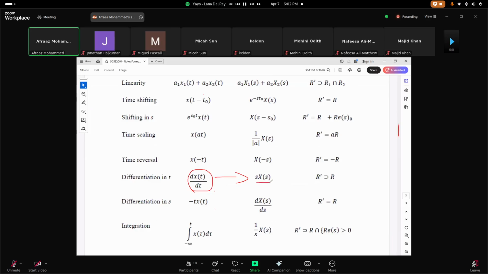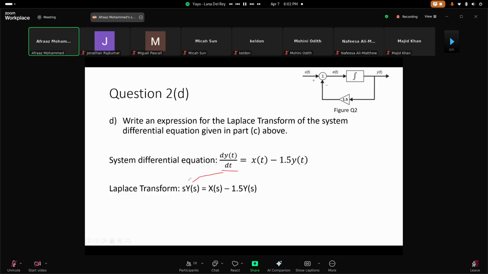That's the differentiation property you're looking for in the table. Applying that here, dy of t/dt goes to s times capital Y of s.